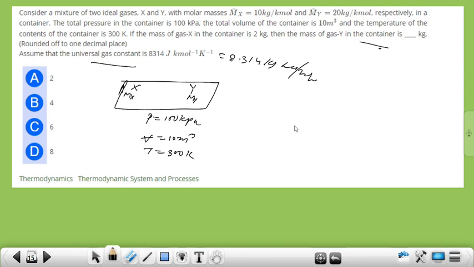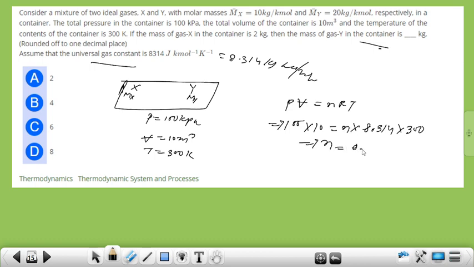From the gas law we know PV is equal to nRT, where P is 100, volume is 10, and n, the total moles of gas in the container, we have to find, and R is equal to 8.314 and temperature is 300 Kelvin. So the number of moles, n, is 0.4.